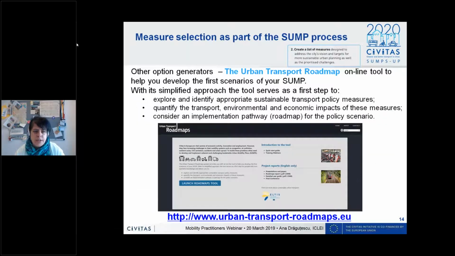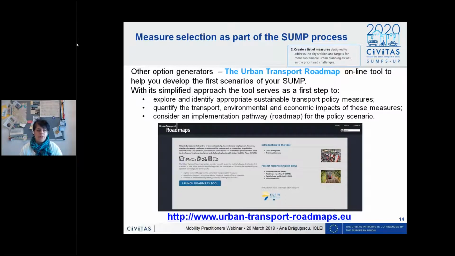Another very good tool that I recommend is the Urban Transport Roadmap, developed within another very useful project. It's an online tool, as Consult is, and it can help you develop the first scenarios of your SUMP and also list the measures that you want to include in the SUMP.